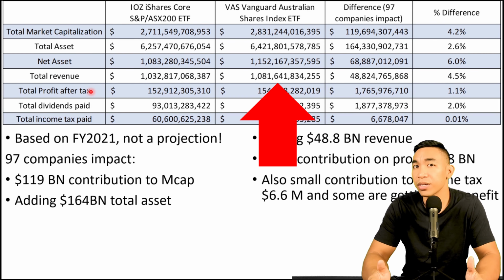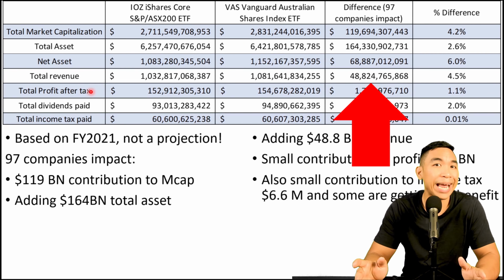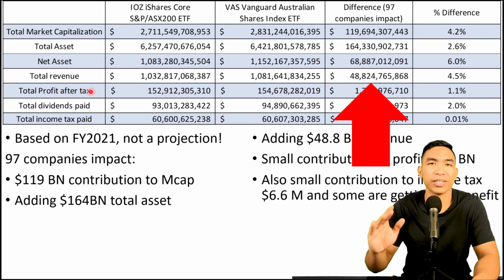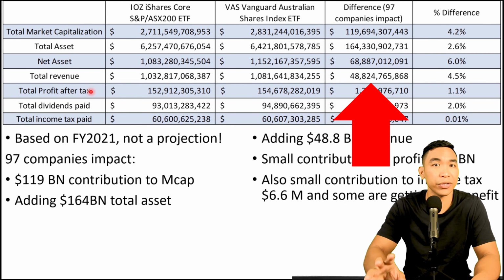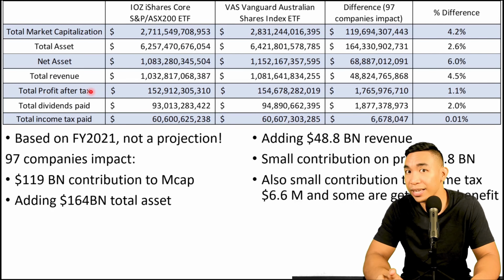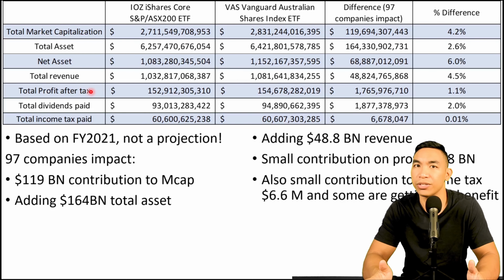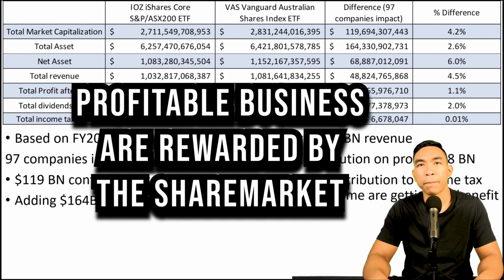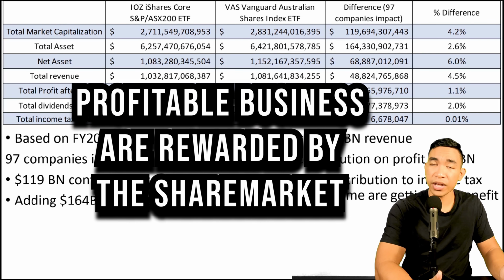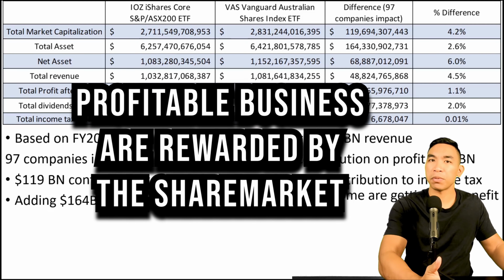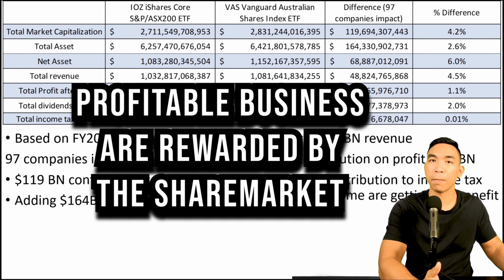So the difference is about $48.8 billion. So the 97 companies that are not included in the ASX200 ETF contribute about $48 billion.